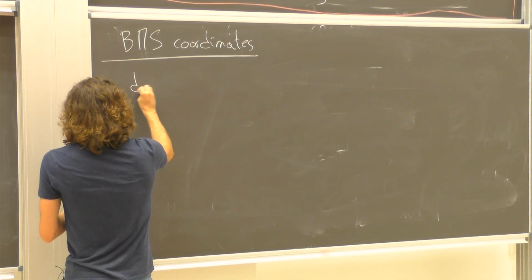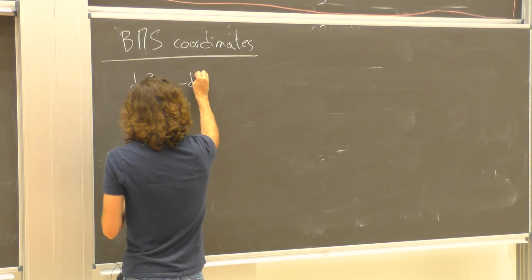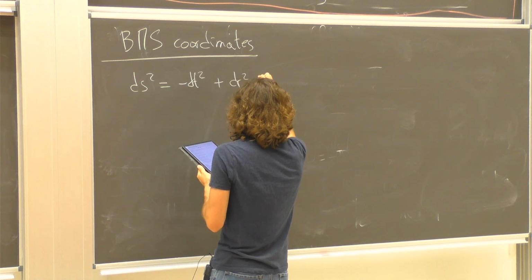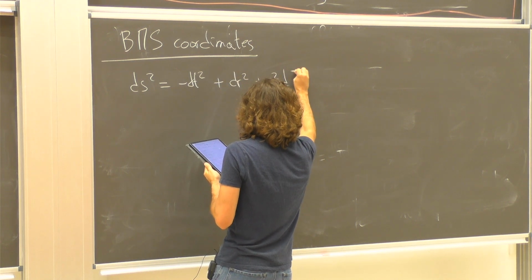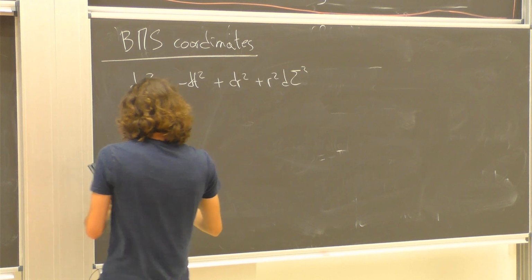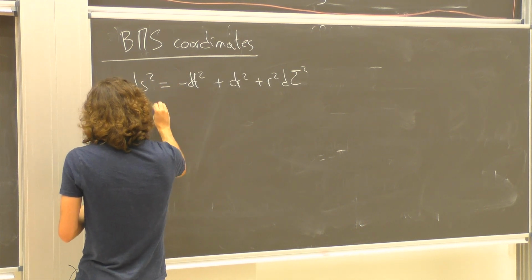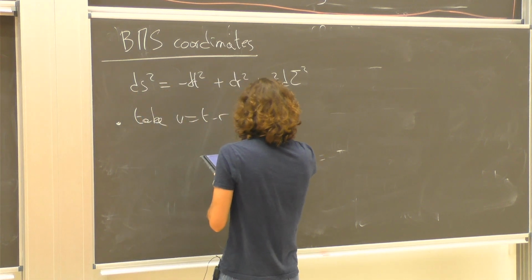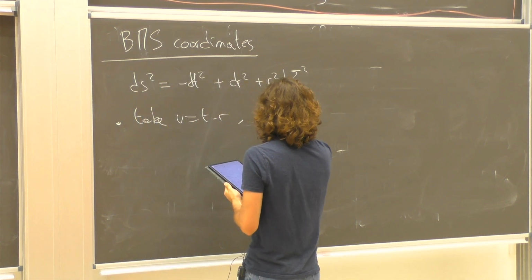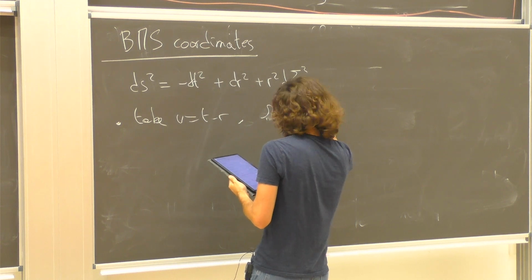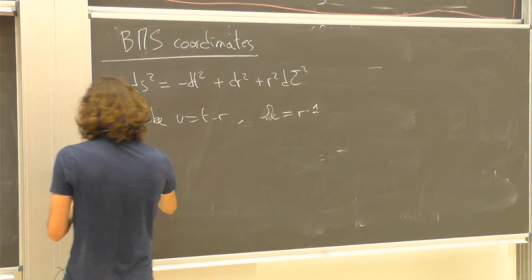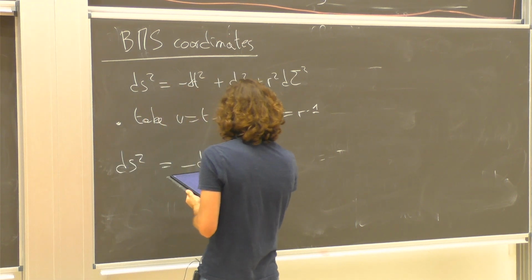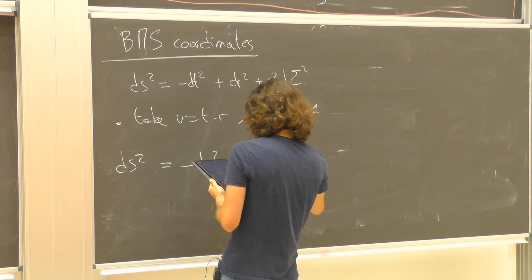So we start again from Minkowski. This time we keep again u, t minus r, but keep omega equal to 1 over r, and we obtain the following conformal compactification. So it's minus du squared plus 2 dr, and so on.